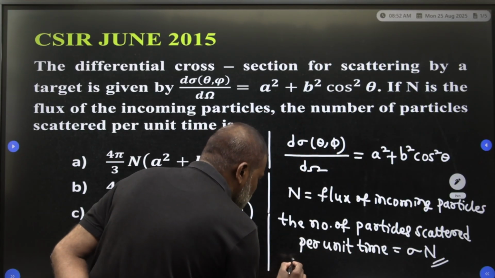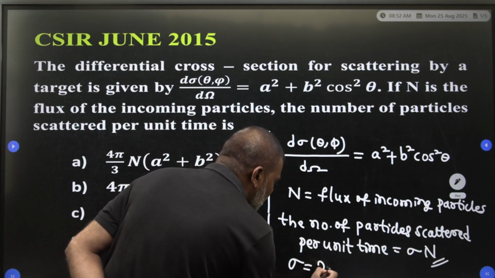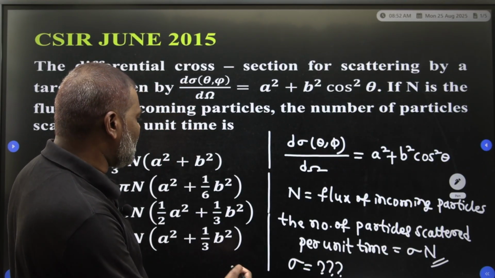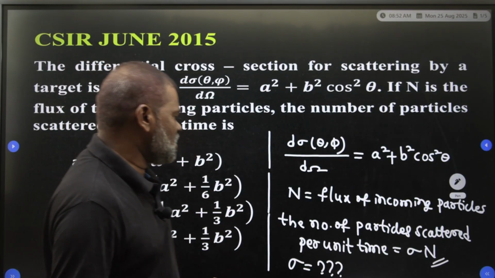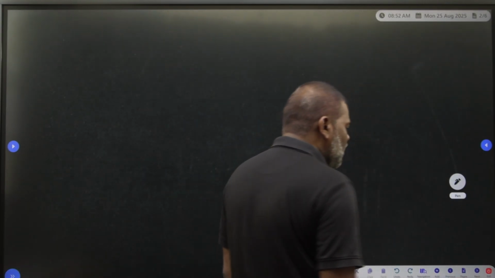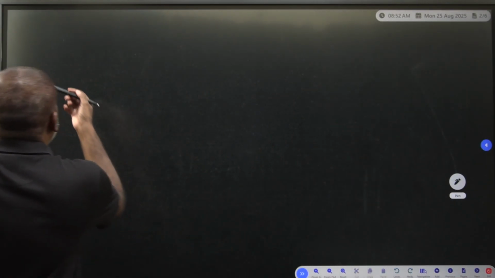So first we need to calculate the cross section, the total scattering cross section. Are we able to calculate the total scattering cross section?